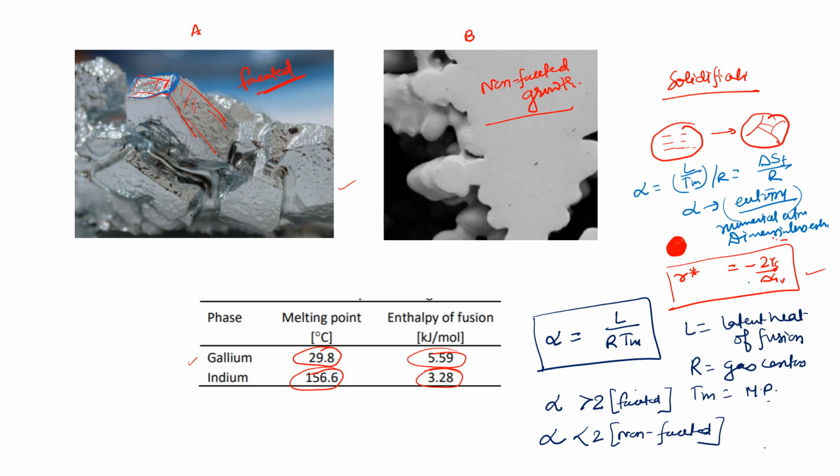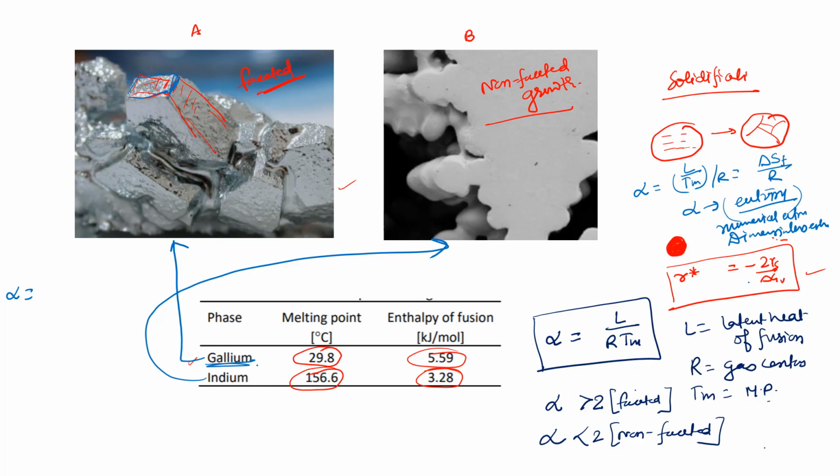Let us see this for gallium and indium. You can see from the formula alpha is equal to L by R Tm. Let us decide first for gallium.